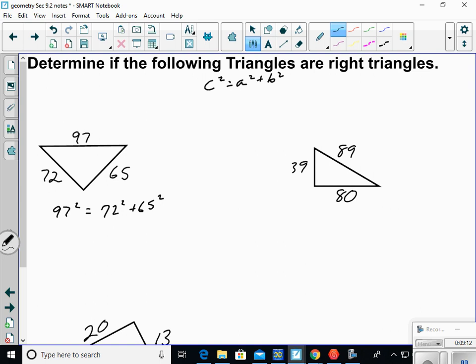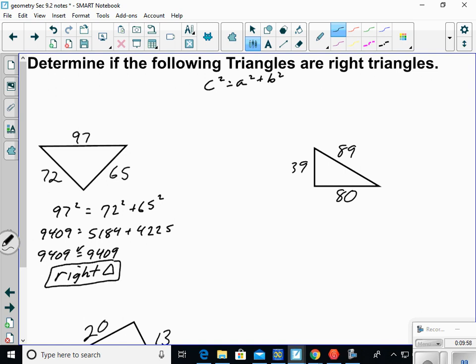And so if I square those, 97 squared is 9,409, 72 squared is 5,184, and 65 squared is 4,225, which is going to give me 9,409 equals 9,409. So those do equal each other. So all three sides fit into the Pythagorean theorem, which means that this has to be a right triangle.